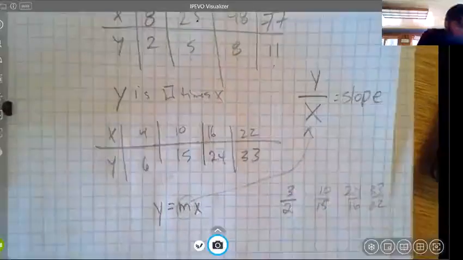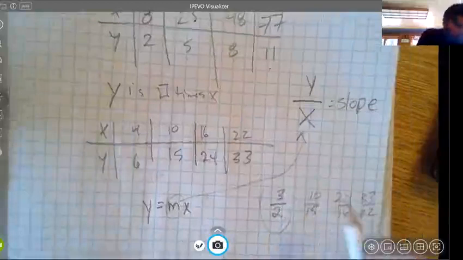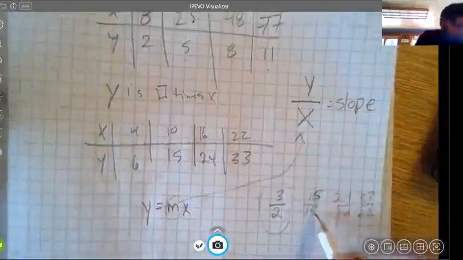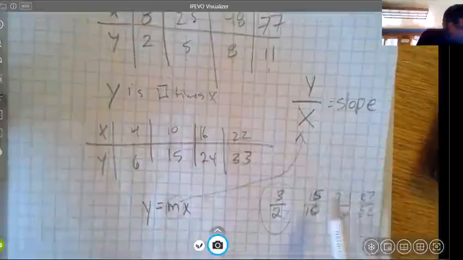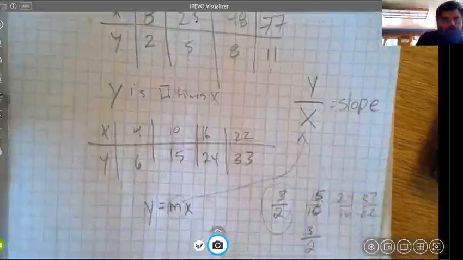Well, this is already reduced. If I look at this one and I divide both, oops, this should be 15 over 10, sorry. If we look at both of these, if I divide both by 5, 15 Oh, I know what I did wrong. 3, did you switch them? Did you say 2/3? Yep, I did.